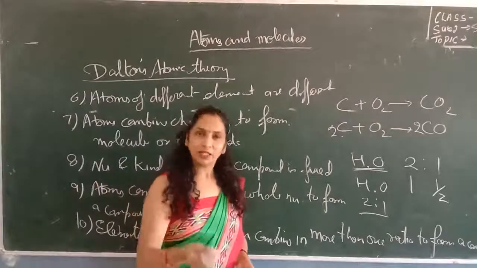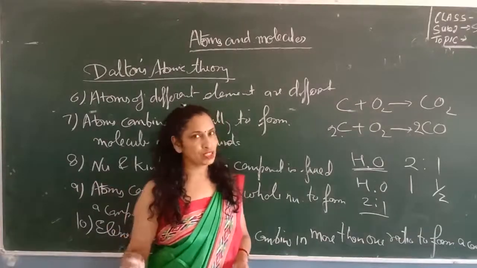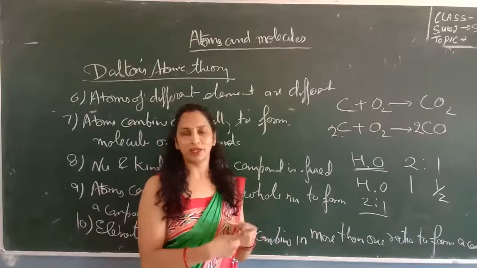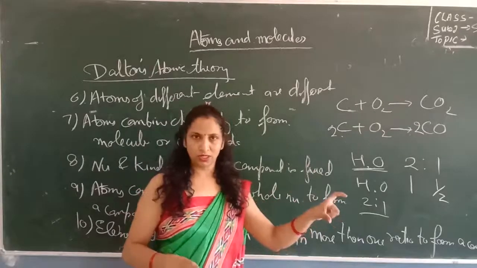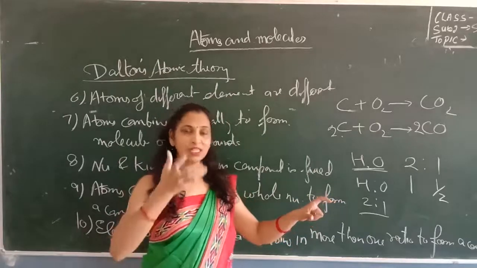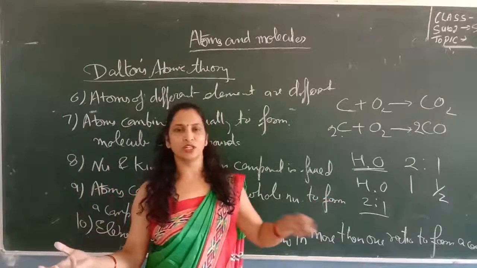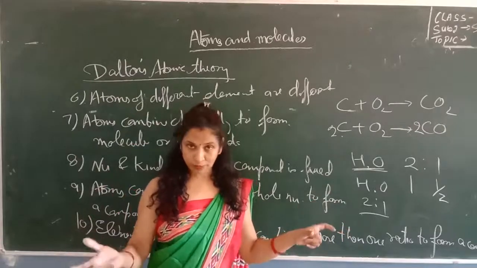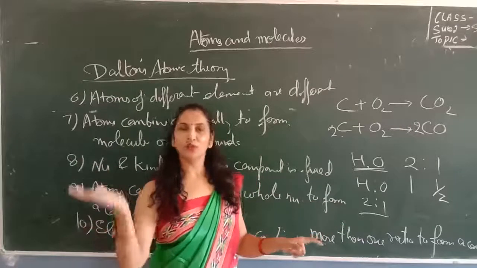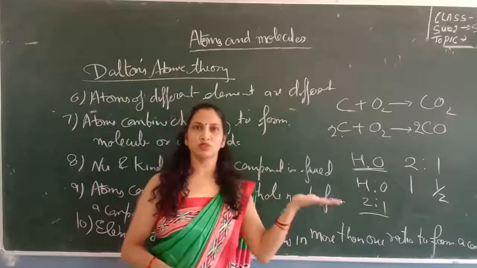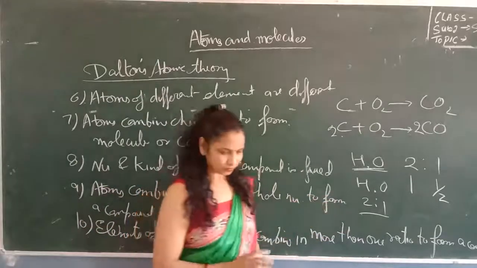So in a chemical reaction, when atoms combine to form a new compound, since the atoms are not destroyed, the number of atoms before the reaction is always equal to the number of atoms after the reaction. So the total mass of all the atoms of the reactants should be equal to the total mass of all the atoms of the products.